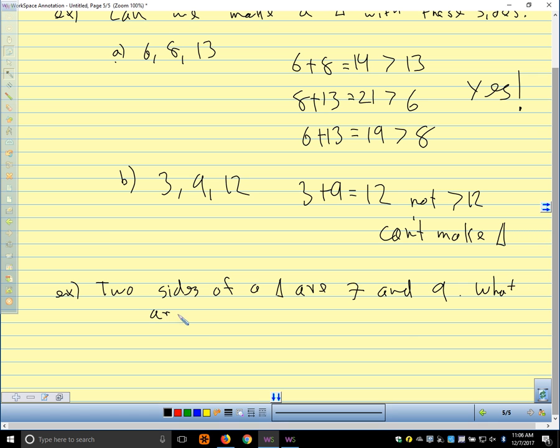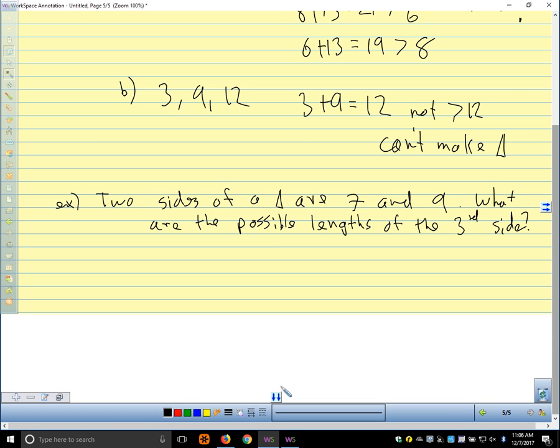What are the possible lengths of the third side? We want to build a triangle. What are the lengths of the third side that would let us do that?